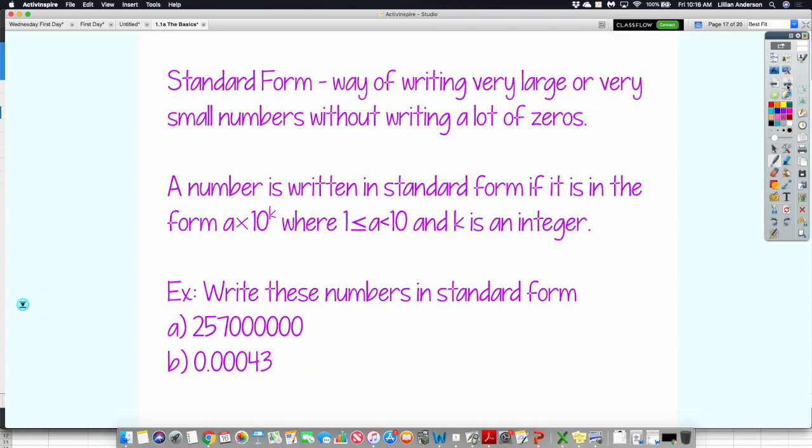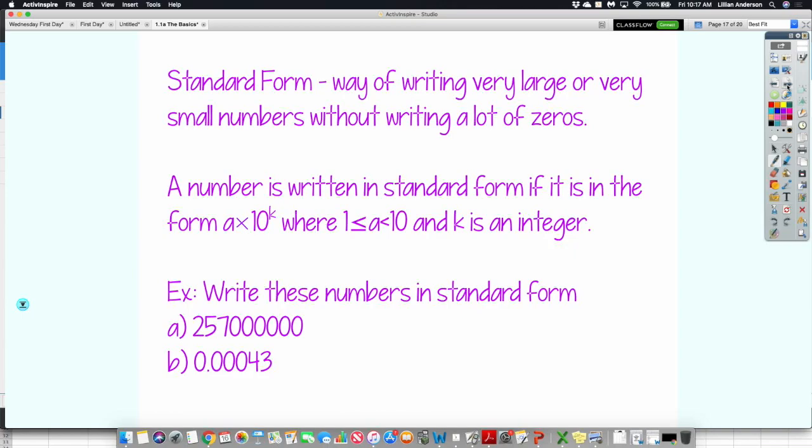Last thing we're going to talk about today is standard form. Standard form is basically old school scientific notation, or what you guys know to be scientific notation. It is a way of writing very large numbers or very small numbers without writing a lot of zeros, okay?